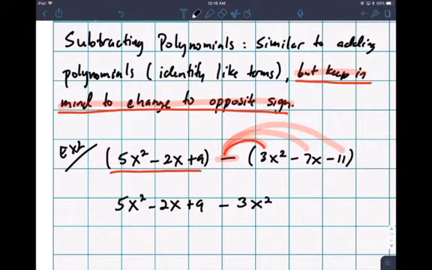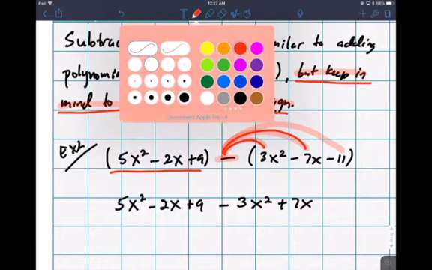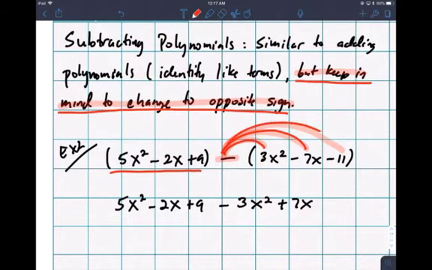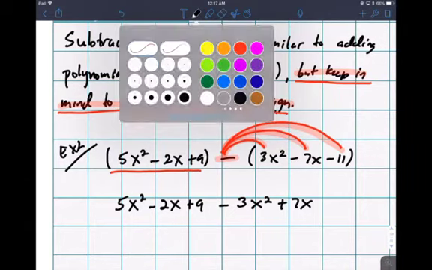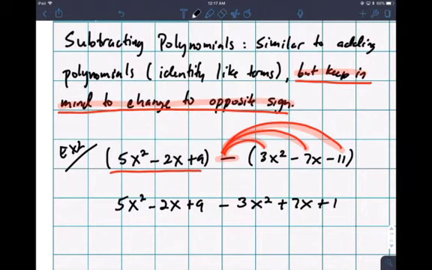Notice that I don't need the parentheses anymore as soon as I distribute the negative sign. Distribute the negative sign to this one, so negative times the negative becomes positive, so it becomes positive 7x. And again, distribute the negative sign to the last term, which is negative 11, so negative times the negative becomes positive, so positive 11.